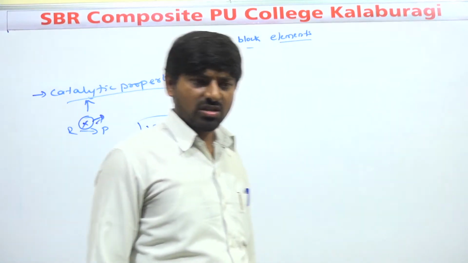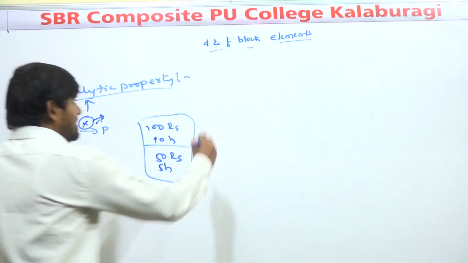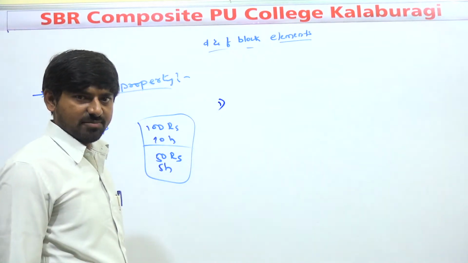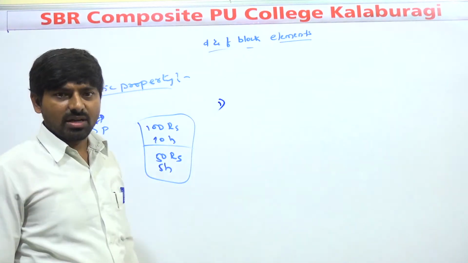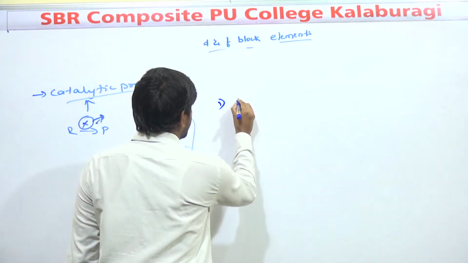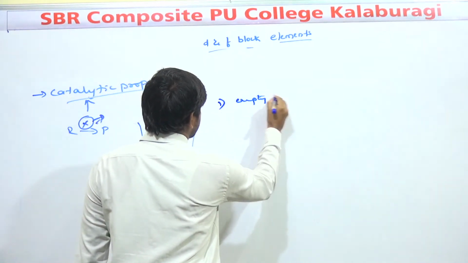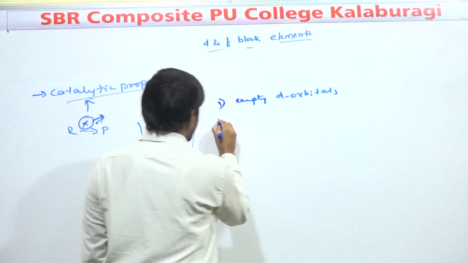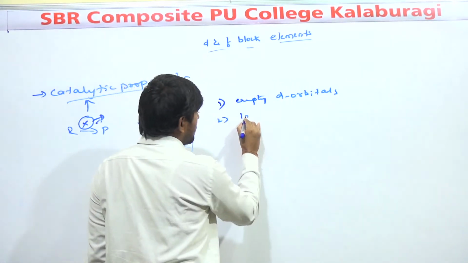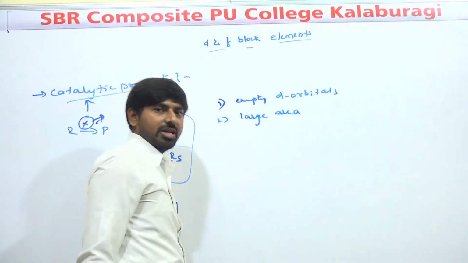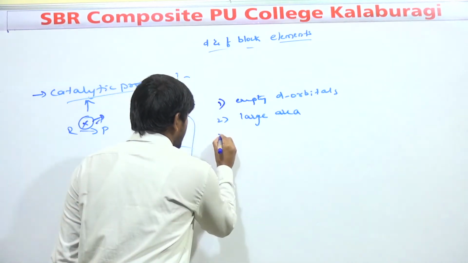What are those considerations? The first point is that the given chemical should have empty d orbitals. Second, it should have a large surface area.